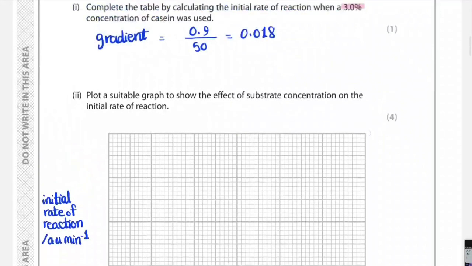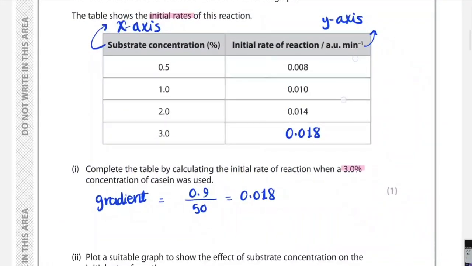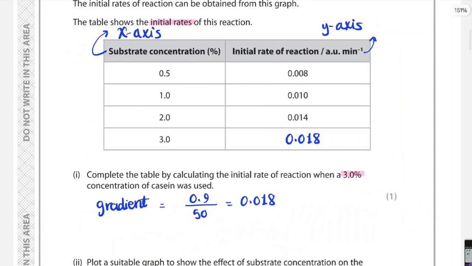and the y-axis could be looking at the ranges of the initial rate of reaction. We can make it starting from 0.004 and ending at maybe, for example, 0.02. So this is my maximum point, and I get a point below this one by 0.004.